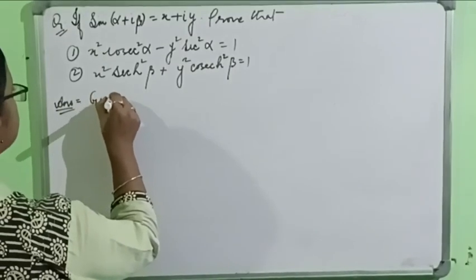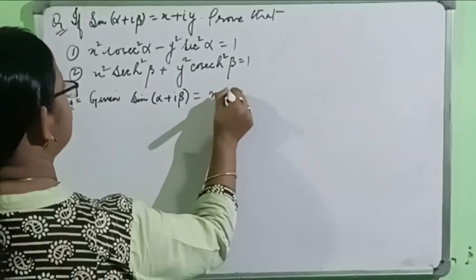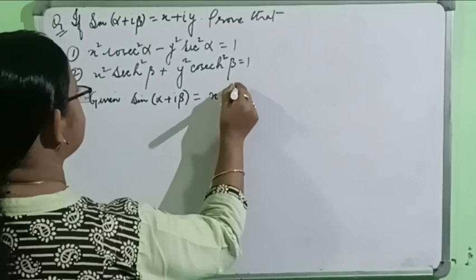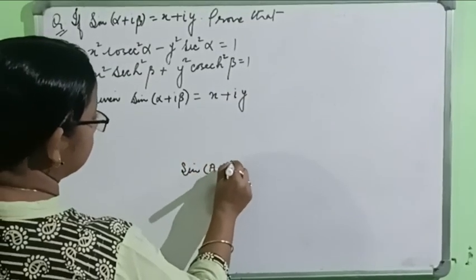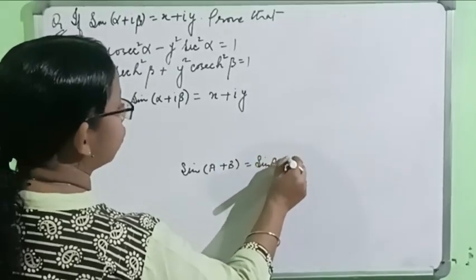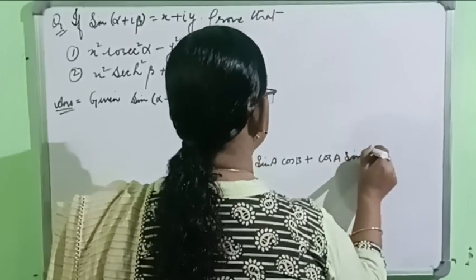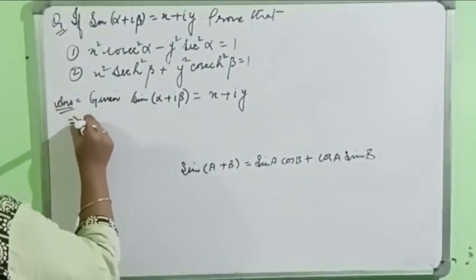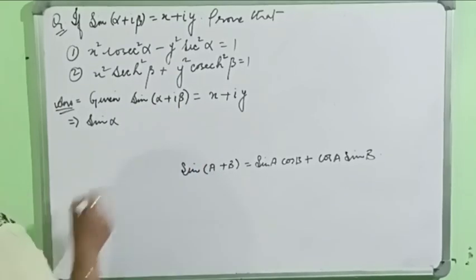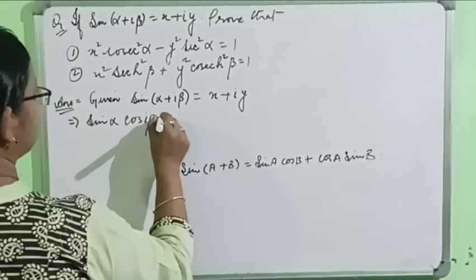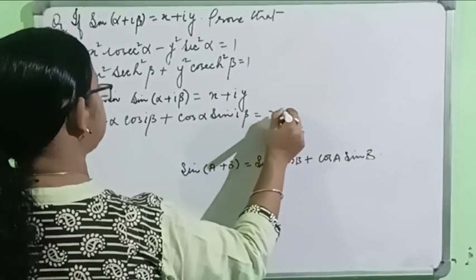So write: given sin(alpha plus i beta) is equal to x plus i y, by using the formula sin(a plus b) that is sin a cos b plus cos a sin b, expand this one: sin alpha cos i beta plus cos alpha sin i beta equals x plus i y.